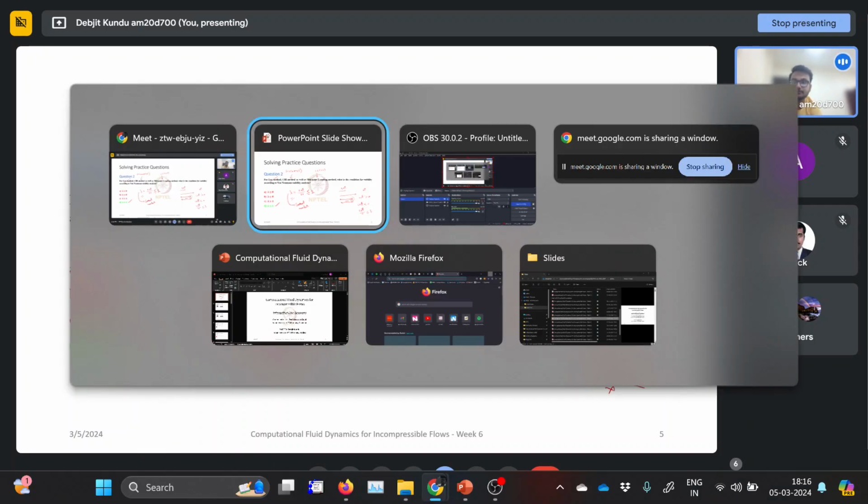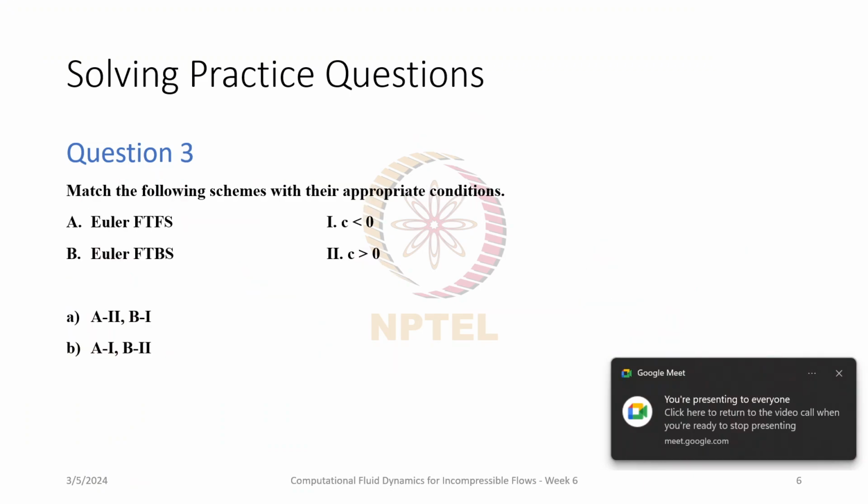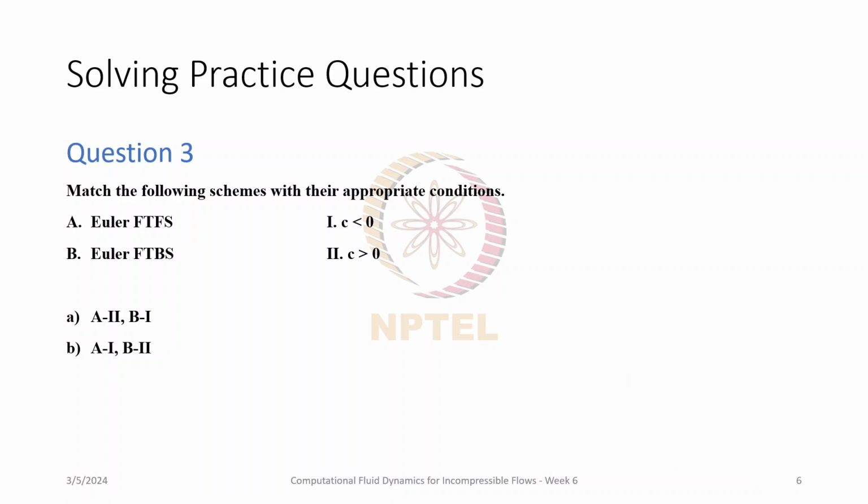All right. So moving on, we move on to question number 3 now. This is asking us to match the following schemes with their appropriate conditions. So once again, these two schemes, FTFS and FTBS, work in certain situations where C could be either less than 0 or greater than 0.